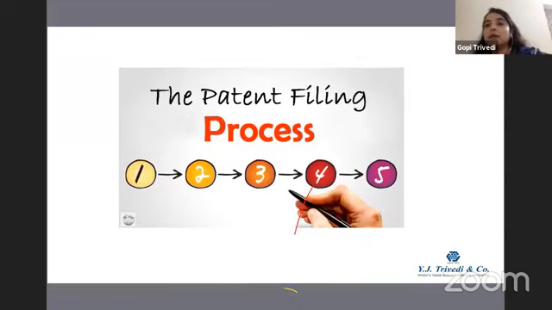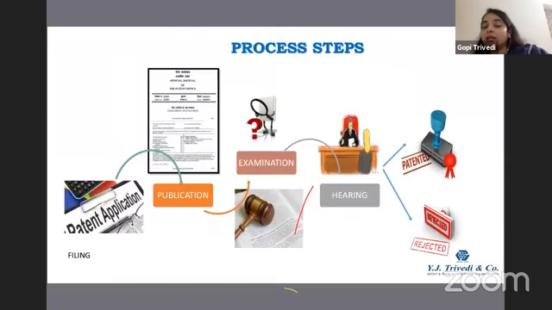Now, I broadly understand that my invention meets the Section 3 requirements. There is no exclusion. I can positively go ahead. Now I'm excited. I want to file the patent. Now what's next? Of course, my first step would be filing. So my first step on the left-hand side is filing of the patent. Wonderful. It is done. Next stage would be the publication stage.